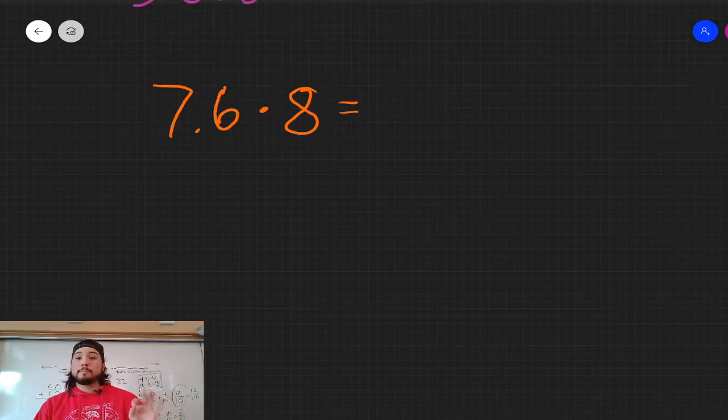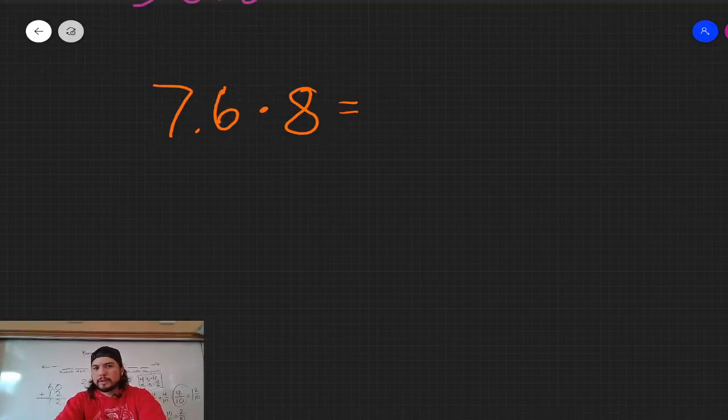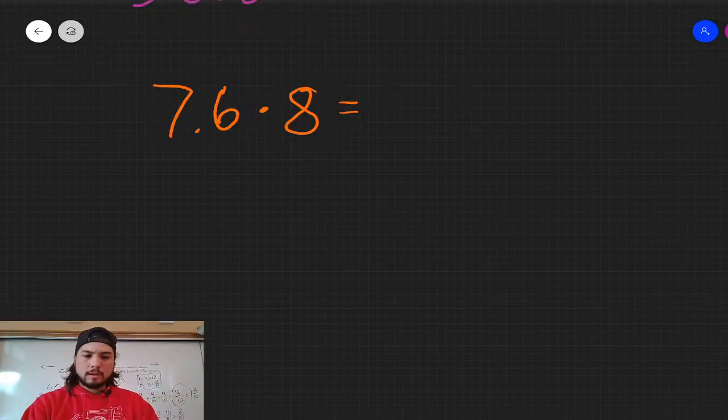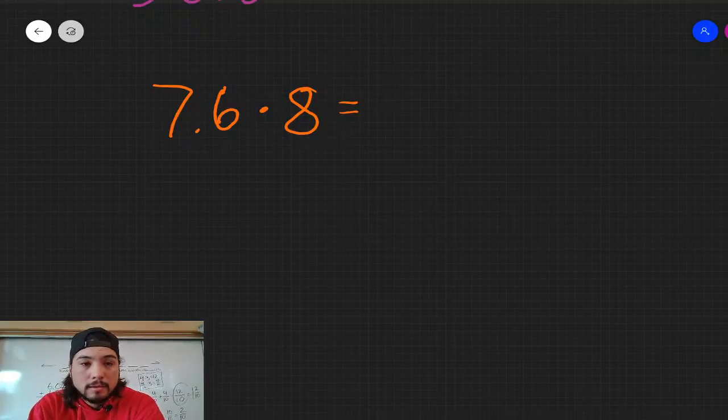Now, before we start, let's think about this logically and reasonably. Where is my answer going to be about? 7 and 6/10. What two whole numbers would that fall between? If I were going to put that on my number line, what two whole numbers would it be in between?